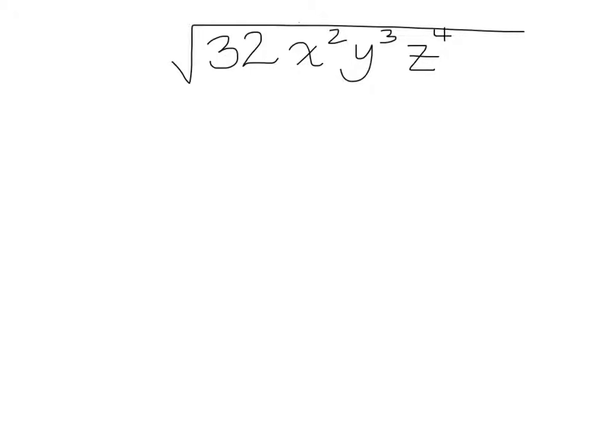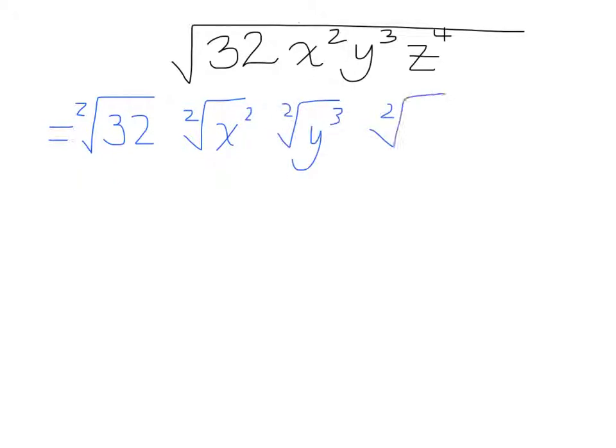Alright, here's our last question of the video, and you can see that I've made it a little bit more complicated. I have the square root of 32 x squared y cubed z to the 4. So again, we'll just start with applying the rules, and we just split it up. This is sort of like the distribution in the exponent section where we just do this mindlessly. We just take each term and give it its own square root, and then we deal with it as appropriate in the next step.